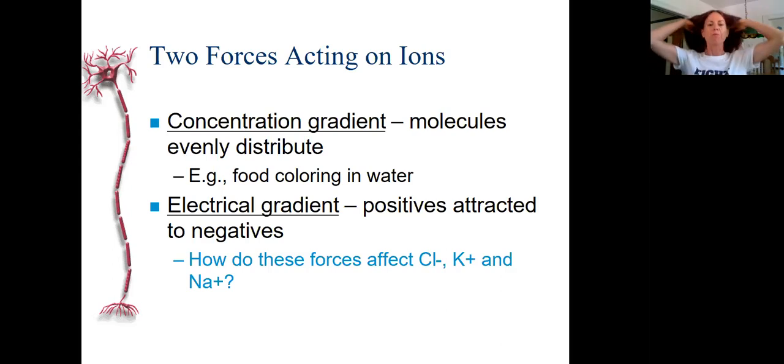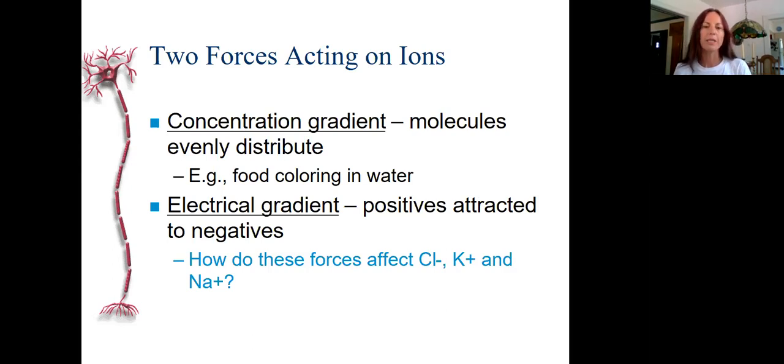For example, if you take a container of water and put some food coloring in it, you find that the food coloring looks very concentrated at first on the top, and then it distributes throughout the water and everything becomes a pretty even color. So molecules will tend to spread out. And what happens to ions is the same thing. If you have a lot of sodium in one place, it will tend to want to spread out to other places and evenly distribute.